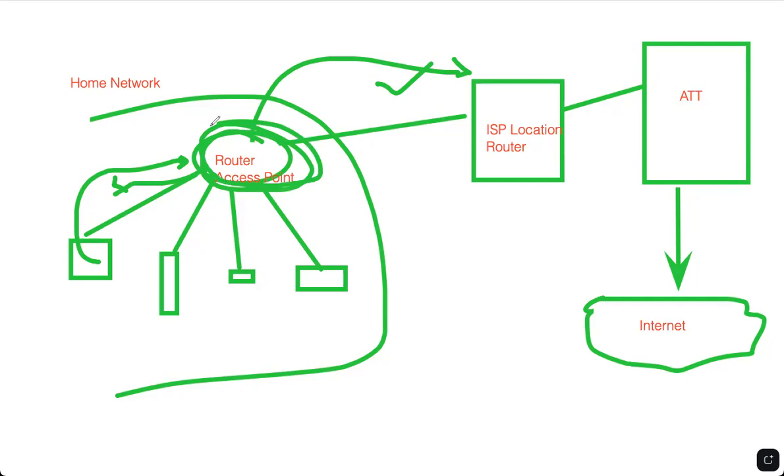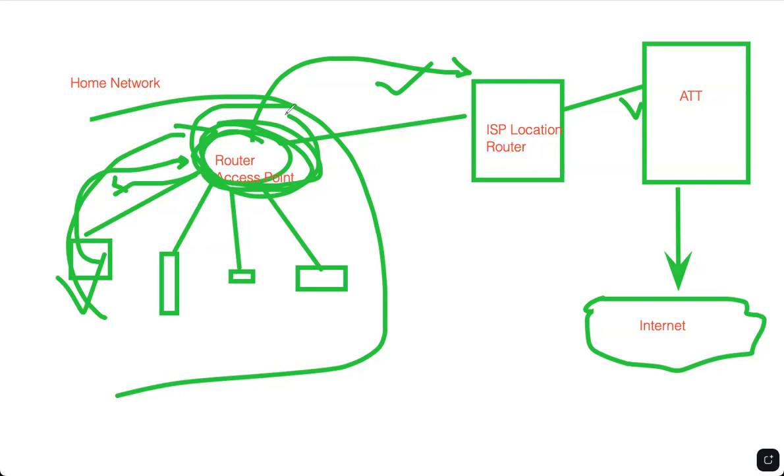When I say a gateway, I mean it's a layer 3 device which is providing a route outside of your network. Meaning, if this device wants to go out to the internet, this is the path to go out. So that is called the gateway. The gateway is nothing but the device which is providing reachability outside of its network.